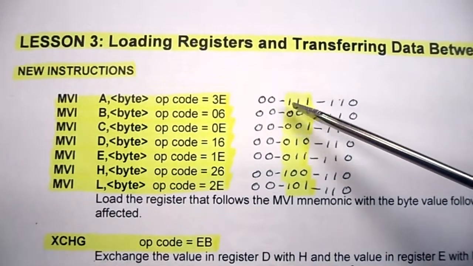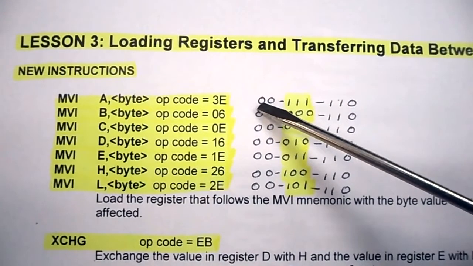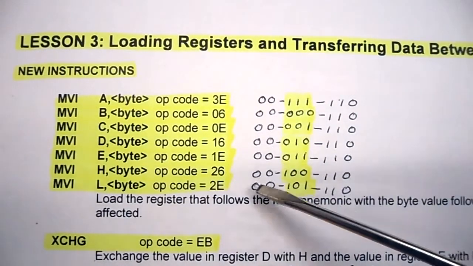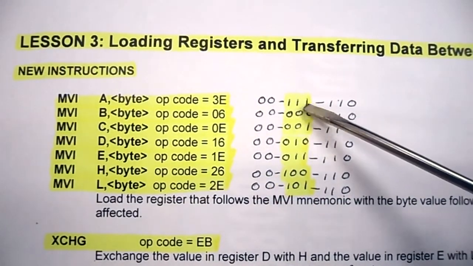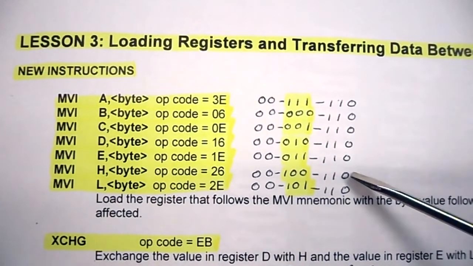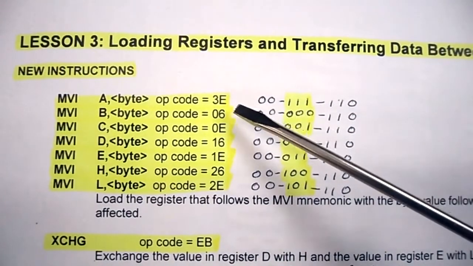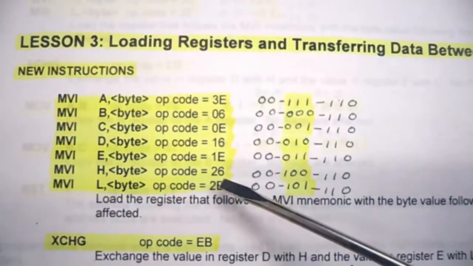So using the Move Immediate instruction as an example, filling in the first 2 digits as 00, the next 3 digits as the destination, and the last 3 digits as 110, you can see that we come up with each of these opcodes.